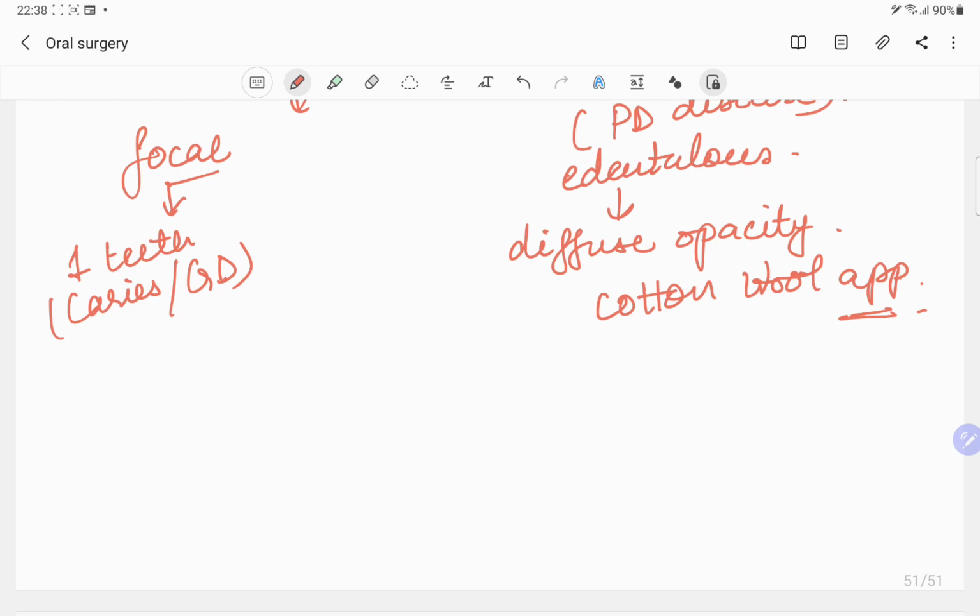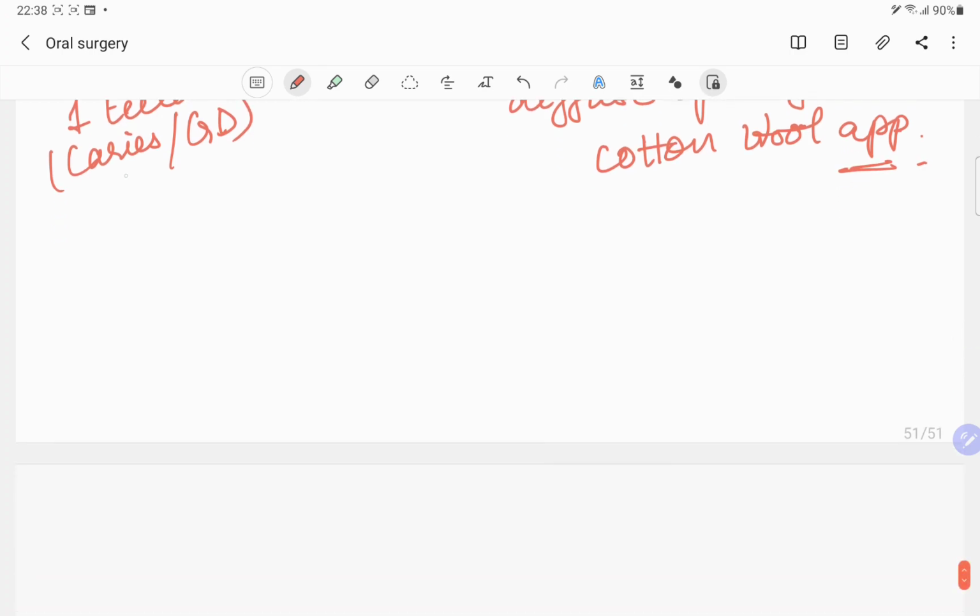Now talking about the focal, when the infection is confined to a grossly decayed or carious tooth, in that case we call it the focal nonsuppurative, or you can also say condensing osteitis. So what happens in case of a focal or a local? The entire root outline is visible.